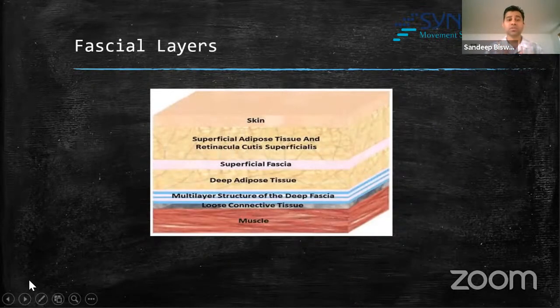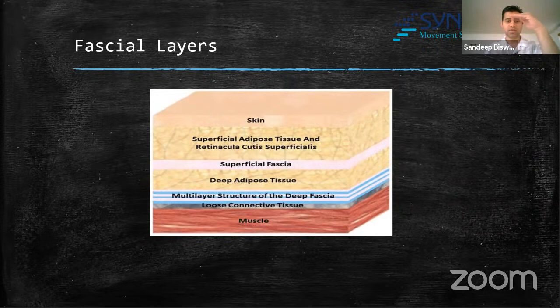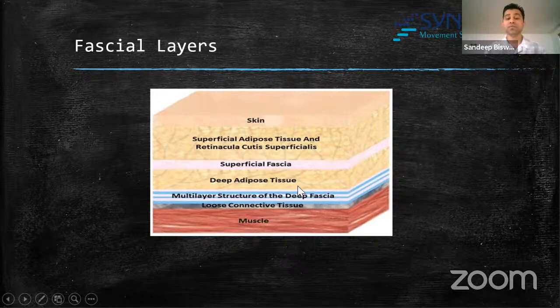Okay, now let's go to the different layers of fascia. So fascia is suspended in different layers. You have your skin, then you have your adipose tissue, you can see over here. Then you have your superficial fascia, then you have your deep fascia, which is a multi-layered structure. So the deep fascia is not just a single sheet.